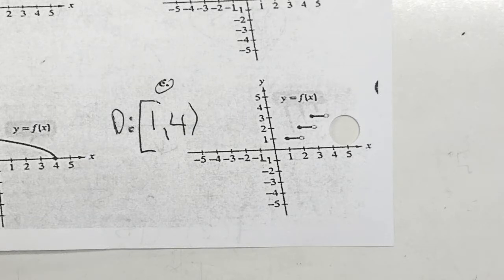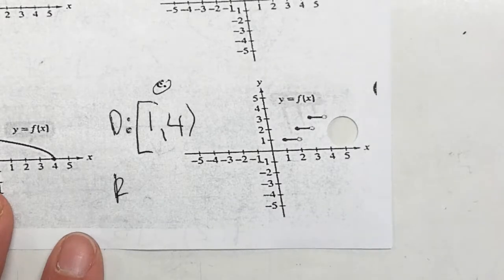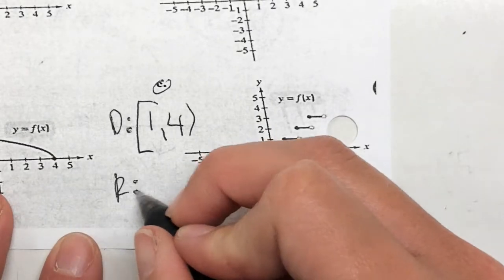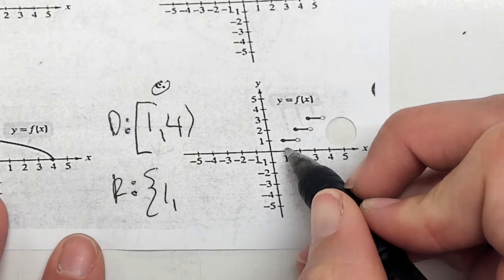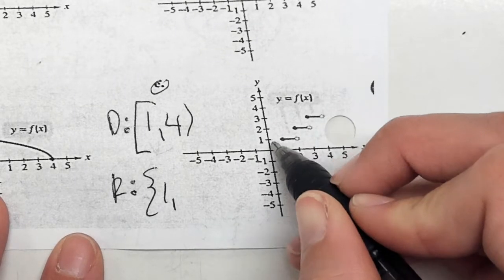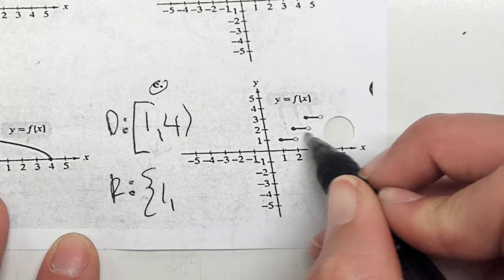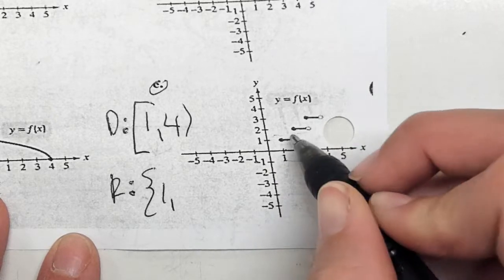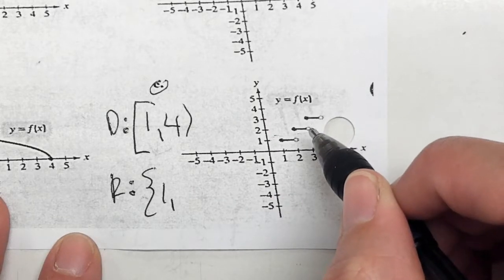All right, now for the range, Cade, how low does it go? 1. Okay. Now, does it ever hit anywhere between 1 and 2? Is there a line right here between 1 and 2? No. So we can't say that it goes from 1 to 3, right? Because it's missing some spots.